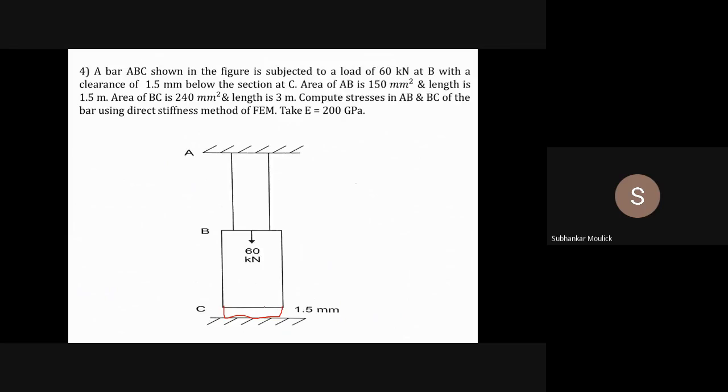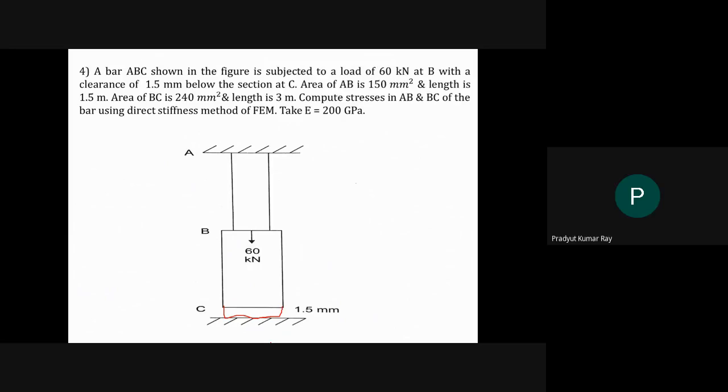When the end C of the vertical bar BC, if the deflection of nodal point C for the vertical bar BC is equal to 1.5 mm, then only this vertical bar BC will touch this support, yes or no? Yes, sir.